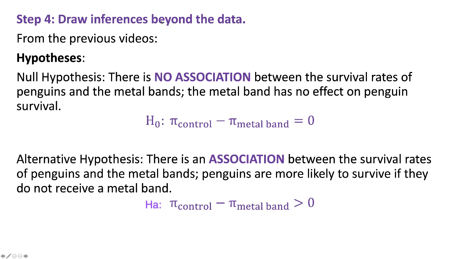And our alternative hypothesis is there is an association between the survival rates of penguins and the metal bands. Specifically, penguins are more likely to survive if they do not receive a metal band. Symbolically, we would write that as the difference in population proportion for the control group versus the metal band group would be greater than 0.